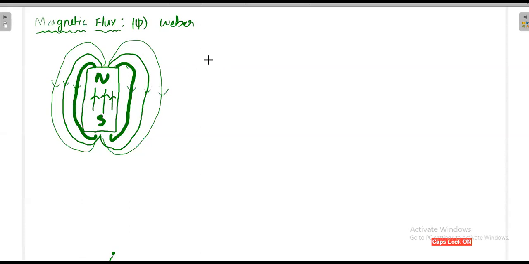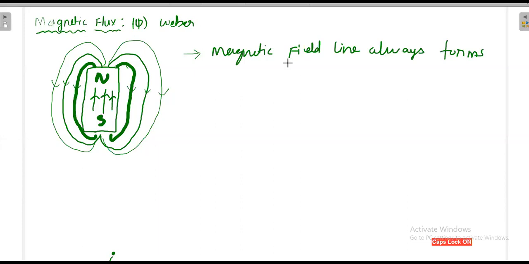And one more thing we have seen: magnetic flux always forms a closed loop. Magnetic field lines always form closed loops.